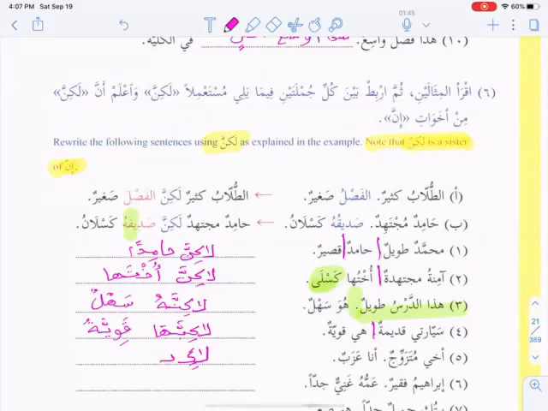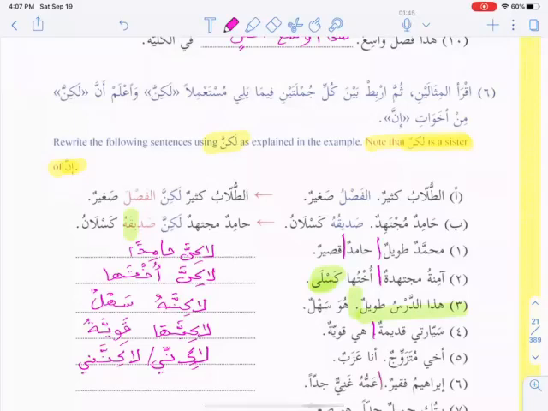Lakinni, like that, or you can say lakinnani. Both are correct. That means I am a bachelor.